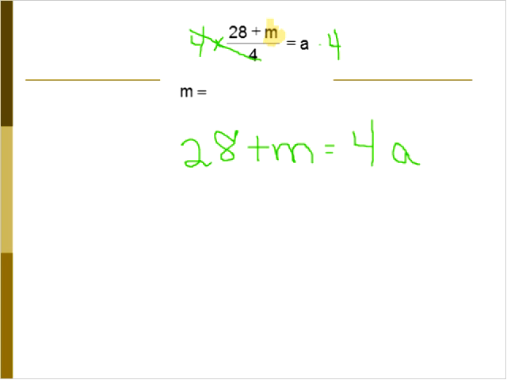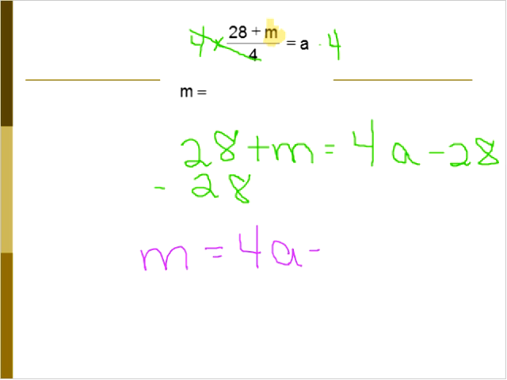Right, I would want to subtract 28 from both sides. So I am left with m equaling 4a minus 28.